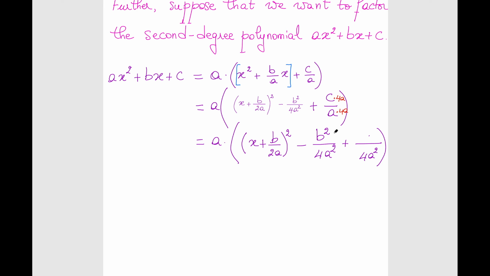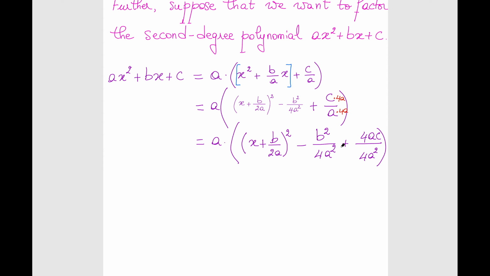Because the new representation of this quotient, which is 4ac over 4a squared, is a new representation, but the value is the same. The value of this is still c over a, right? You can still simplify by the 4a we just multiplied with. So you get c over a. The value is the same, but now it looks different.